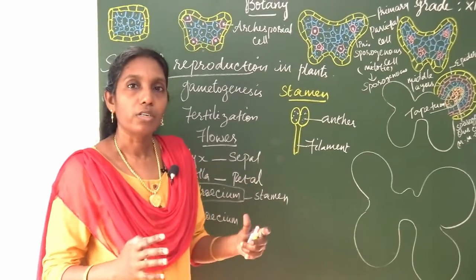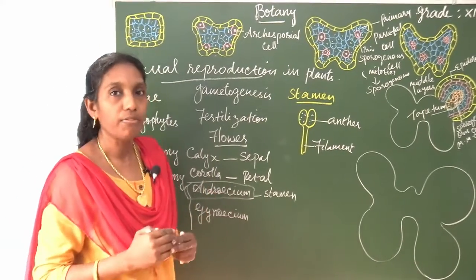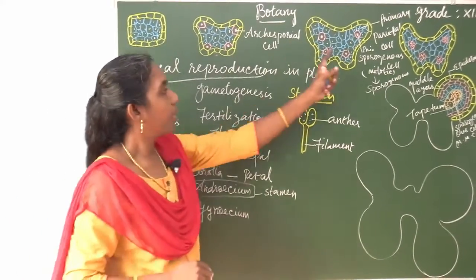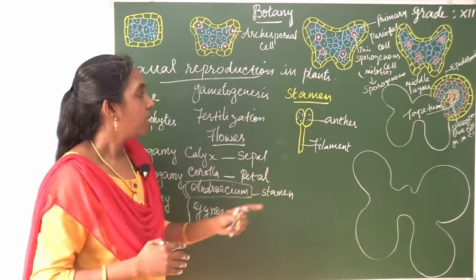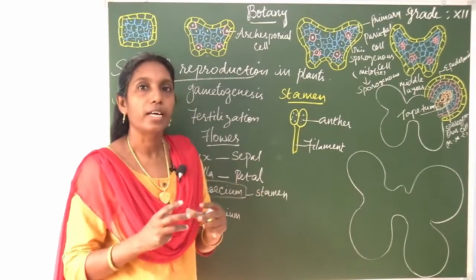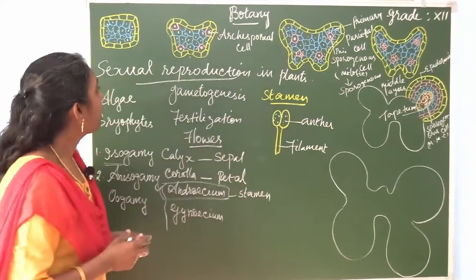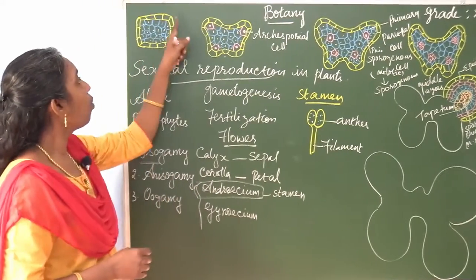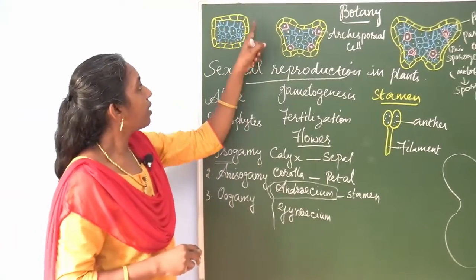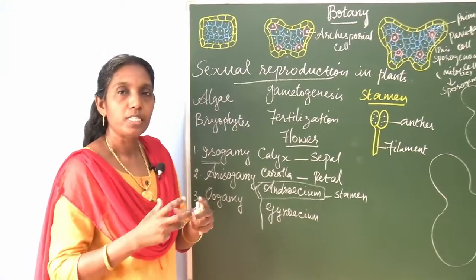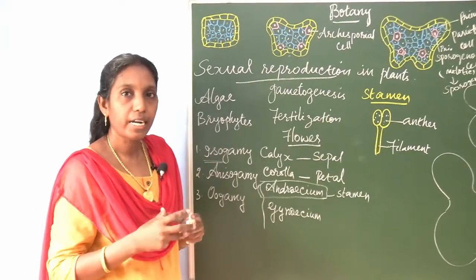Now, today we are going to discuss in detail the development of anther. Here there are some diagrams which show the development of anther. How does the anther develop? When the anther is young, it develops as a homogeneous mass of tissue, that is, similar kind of cells.